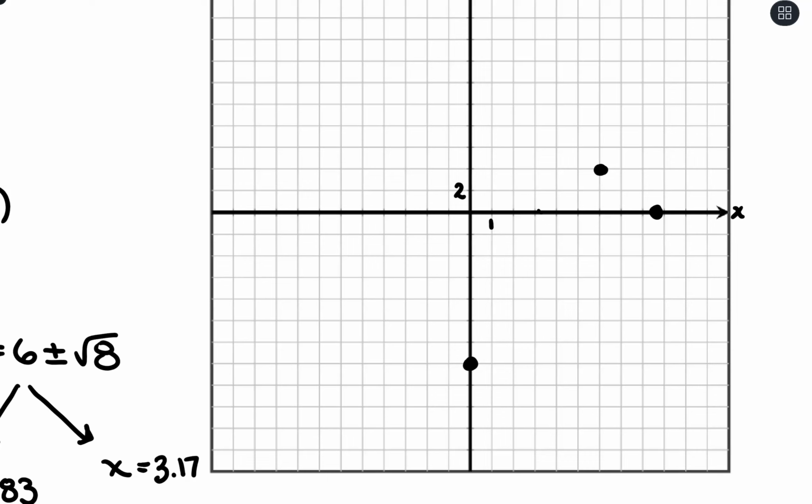And then 3.17 is about right here. I can use some symmetry here. So 1, 2, 3, 4, 5, 6. Oh, I'm not going to see far. Oh, actually, it's perfect. 3, 6. Cool. Okay. So that gives us our parabola right here.